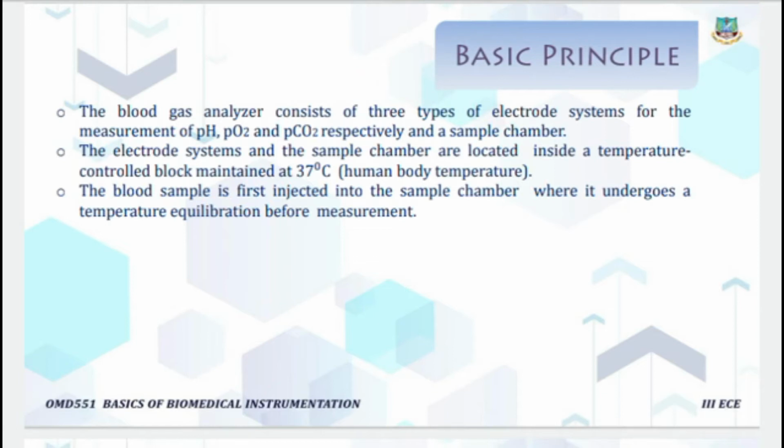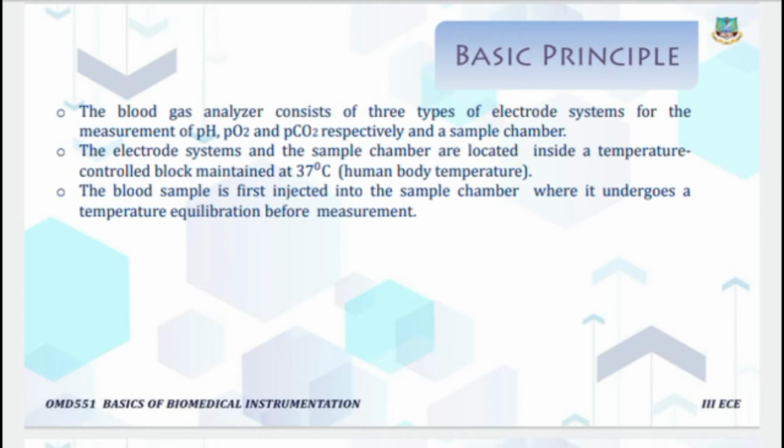We are going to measure pH, potential of hydrogen; PO2, partial pressure of oxygen; and PCO2, partial pressure of carbon dioxide. For measuring all these, we need three types of electrode system and a sample chamber. The sample chamber is mainly used for placing the sample, that is blood.